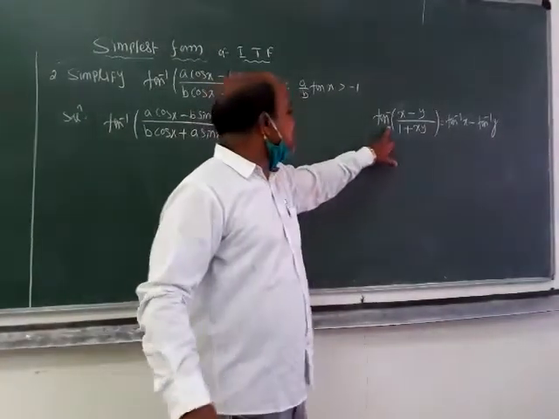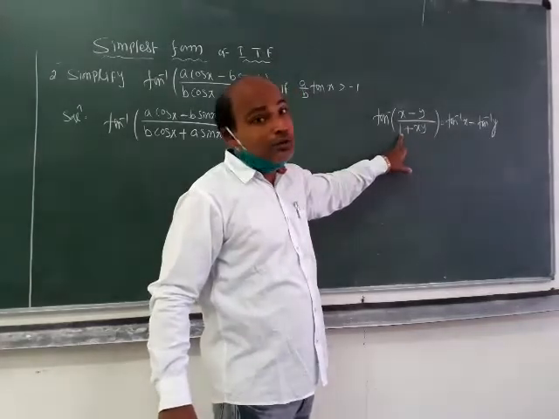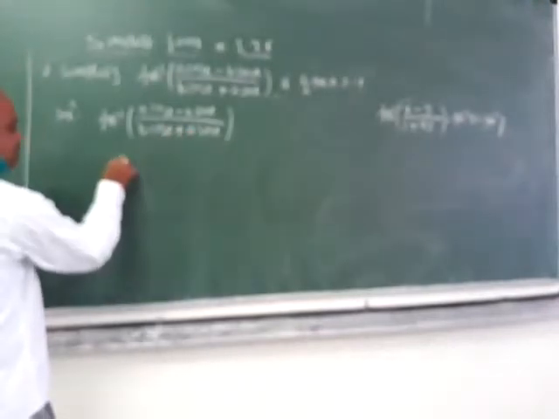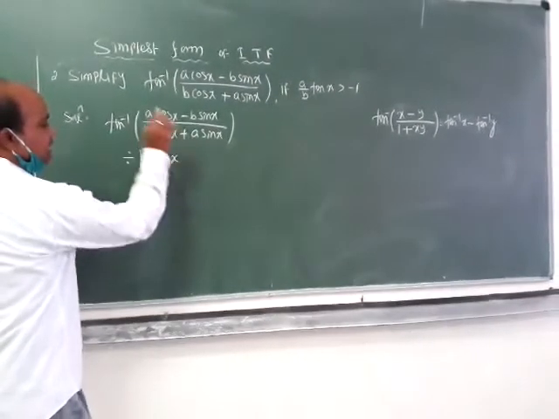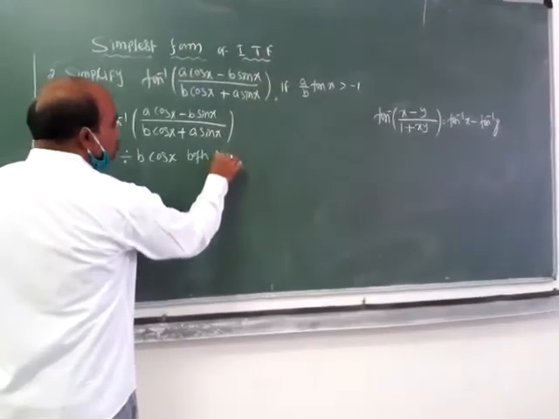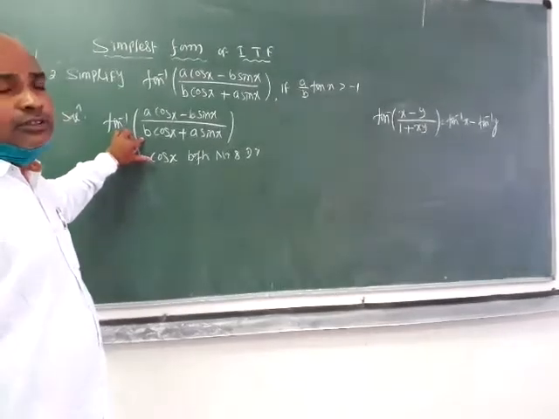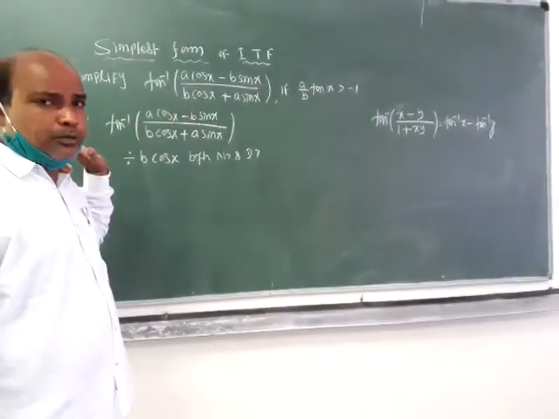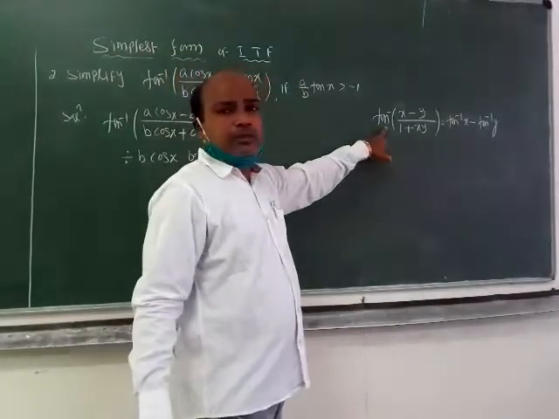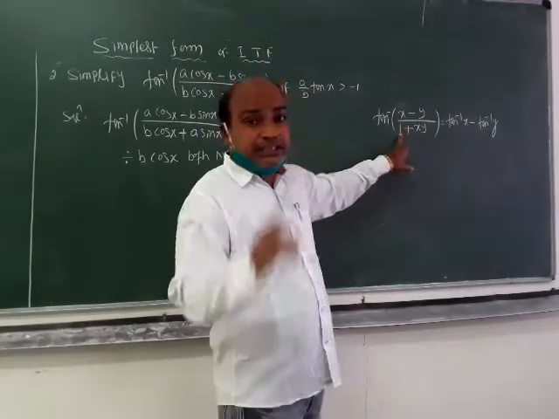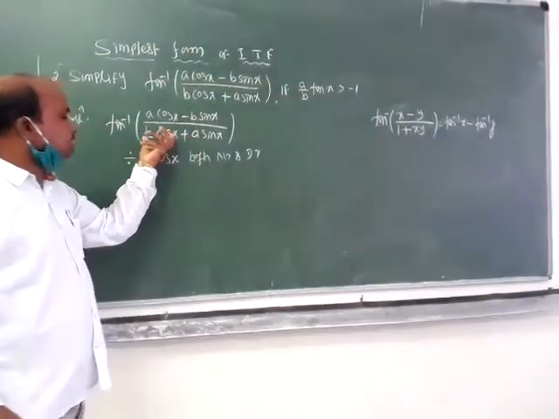Like that formula, you see, in the denominator of the first term what is there? 1 is there. So that also you have to convert to 1. So divide by b cos x in both numerator and denominator. Be careful, again I am saying that here a and b are both different constants. In this formula you know the denominator of the first term is 1, so you have to convert this to 1.